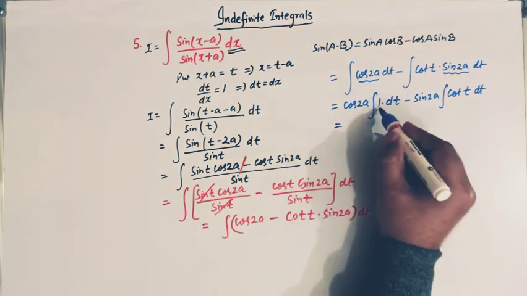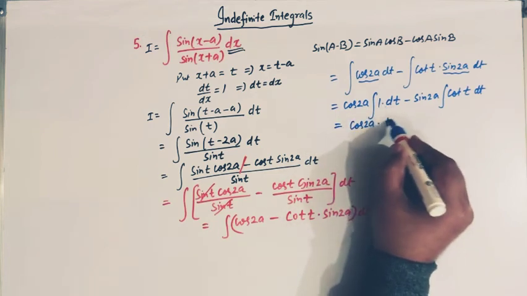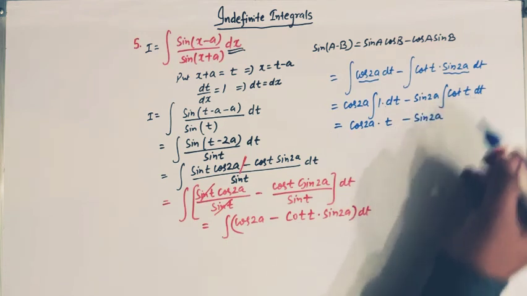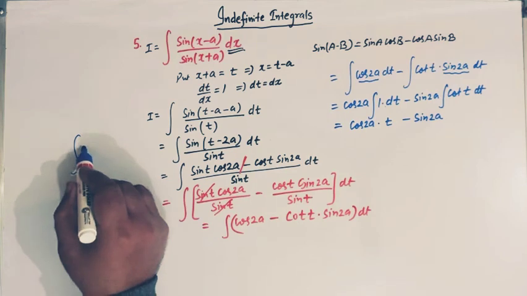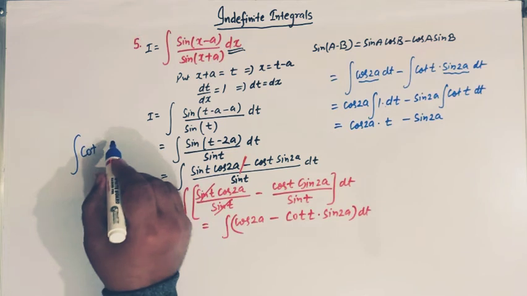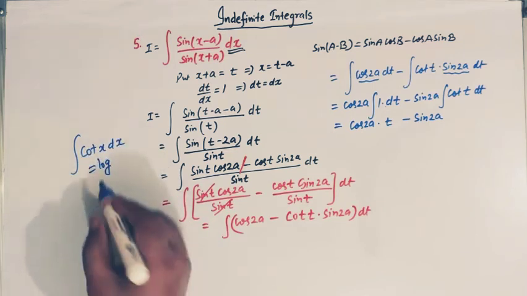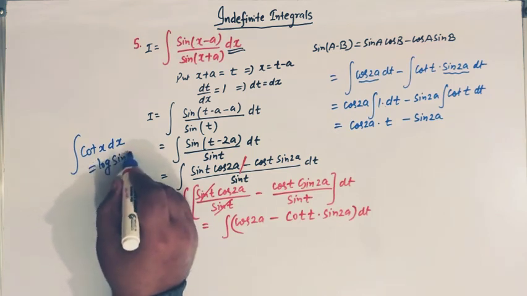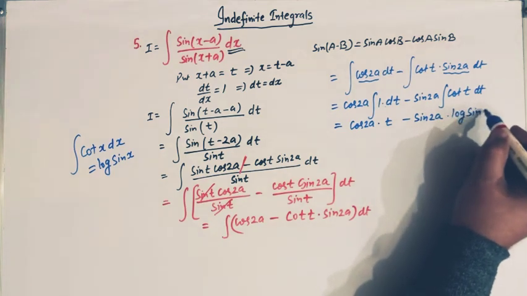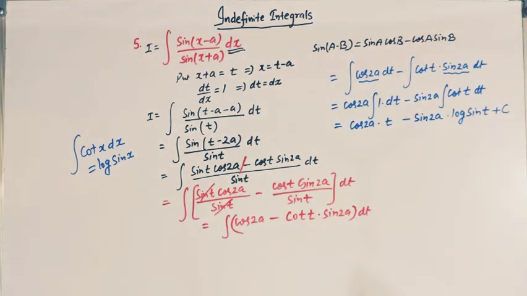Now the integral of 1 dt is t, so we have cos 2a times t minus sine 2a times the integral of cot t. The integral of cot x is equal to log of sine x, so here we have log of sine t, and here we have the constant of integration as c.